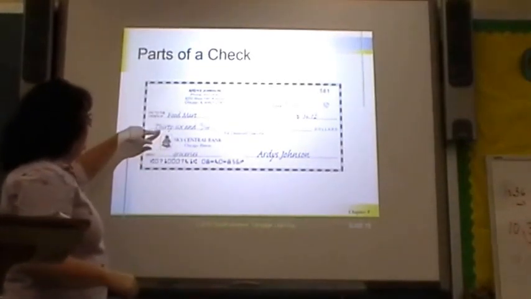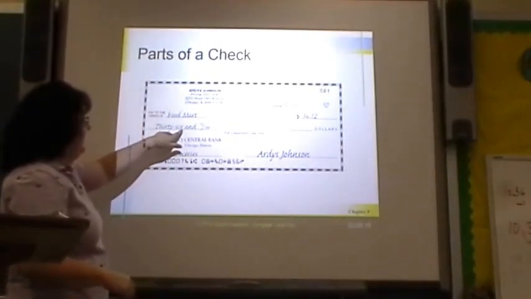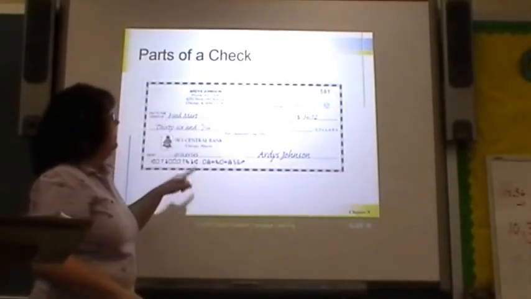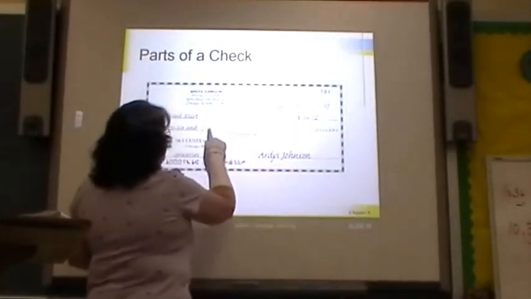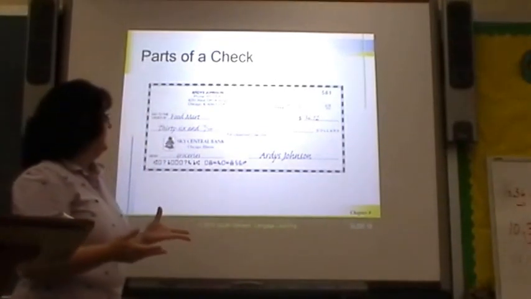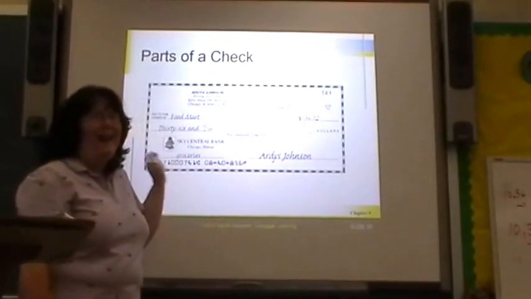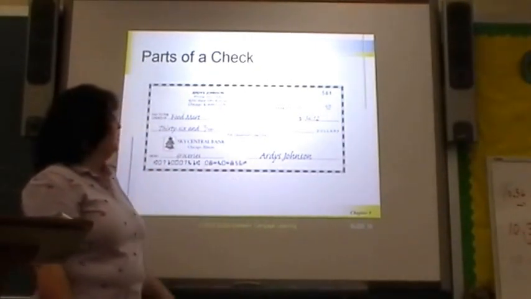So you write on this line thirty-six for the dollar amount, and the fraction 12 out of 100, which is what the cents are. And then we draw this line so that nobody can add anything into our checking account.